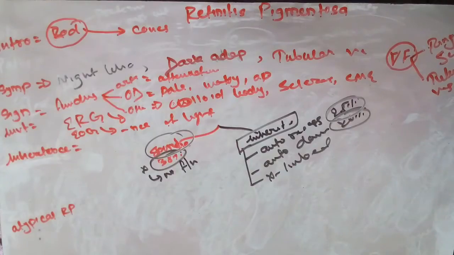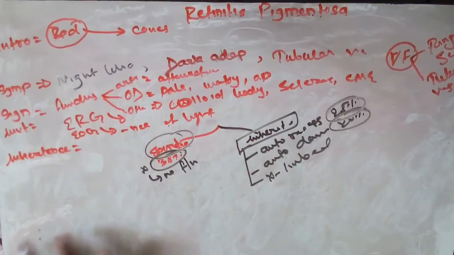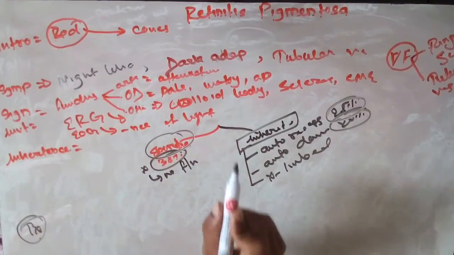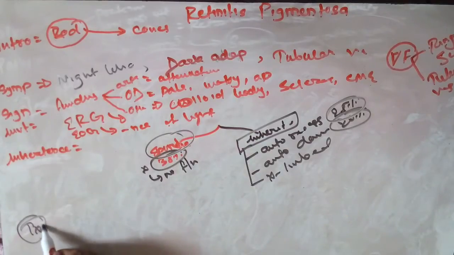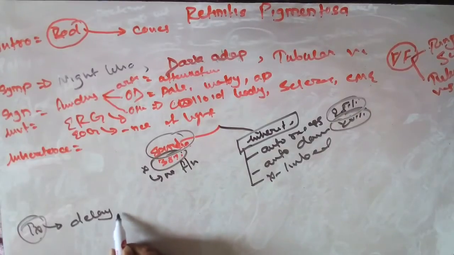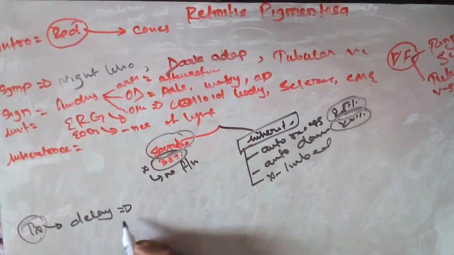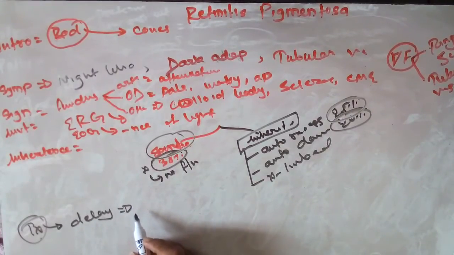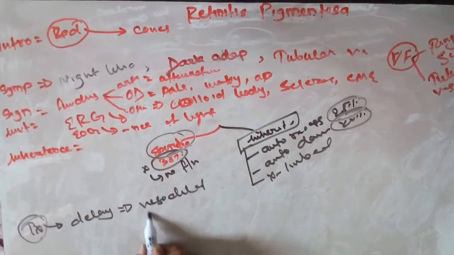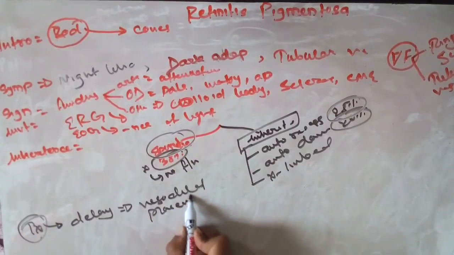Now coming to the treatment modalities for retinitis pigmentosa. How can you treat it? There is no definitive treatment for retinitis pigmentosa. What we can do is only delay the progression. To delay the progression, we can give vasodilators, and placental extract is also used. Another option is light exclusion therapy, meaning the patient should avoid too much light.